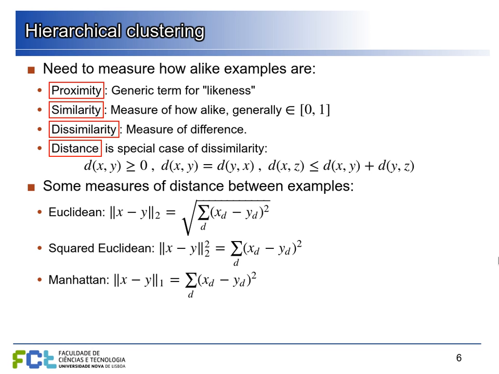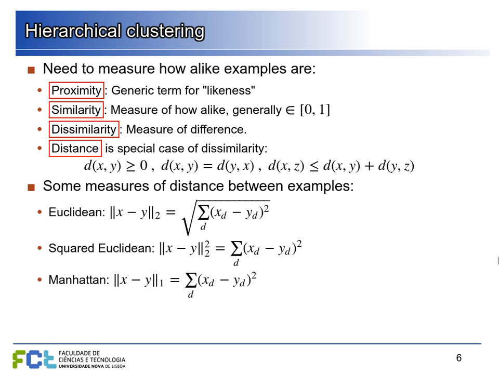Similarity is generally used more specifically to indicate a measure between 0 and 1, for example, of how alike the examples are. Dissimilarity would be the opposite of similarity, so instead of measuring how alike they are, we are measuring how different they are. And distance is a special case of a similarity measure which respects these conditions.